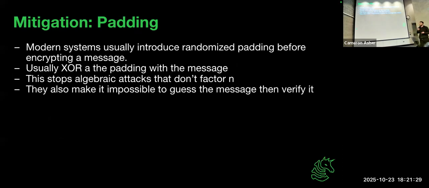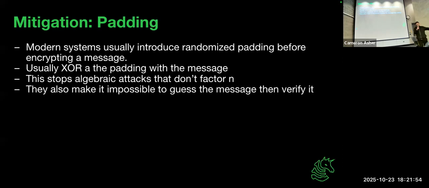So what every modern system that actually uses RSA does is that they also use padding, but first of all, the padding will be randomized. And usually they XOR it with the original message instead of just adding it to the end. What this does is, first of all, it stops a lot of the attacks.